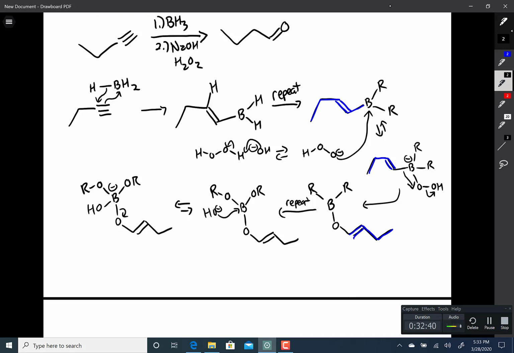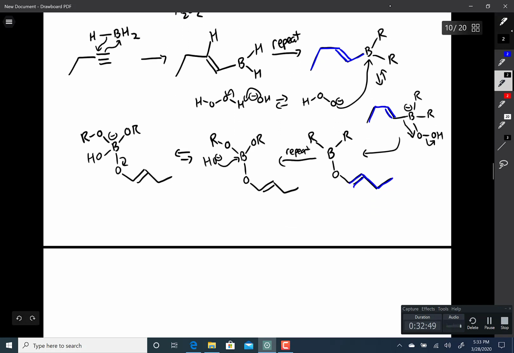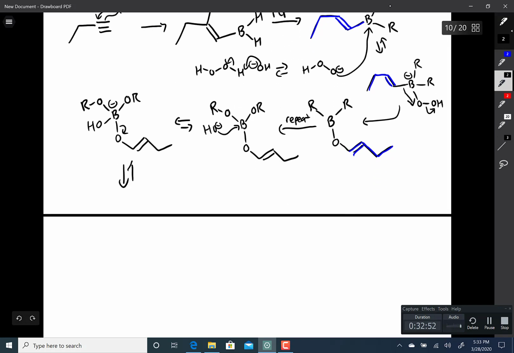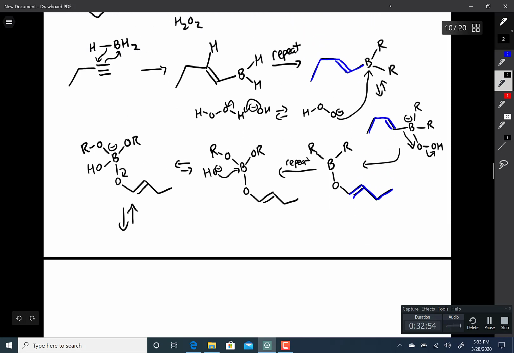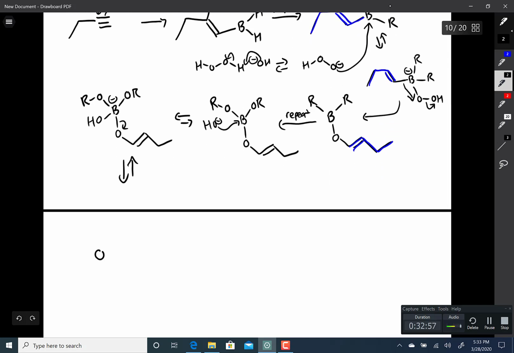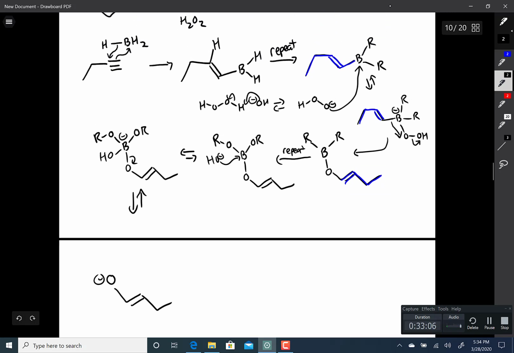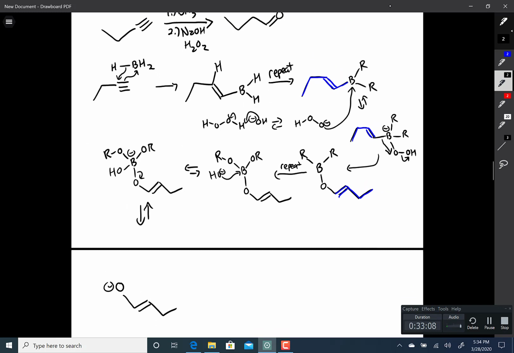It's not happy having only six electrons. It's never really happy. So that's boron. And then you get this O-. So up to this point, the mechanism has been identical to the mechanism of the hydration of alkenes.